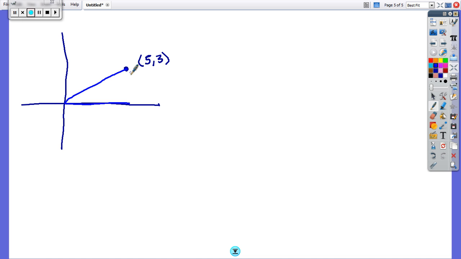So we've just created our triangle. I'm going to just try and draw a dotted line there. That's good enough. This is our angle theta. So now we want to evaluate all 6 of our trig functions. Well, since we know this is the point 5, 3, I know that this value here is 5, and I know that my y value here is 3. So now I can pretty easily find what my radius is here by doing Pythagorean theorem. 5 squared plus 3 squared equals whatever my c squared is.